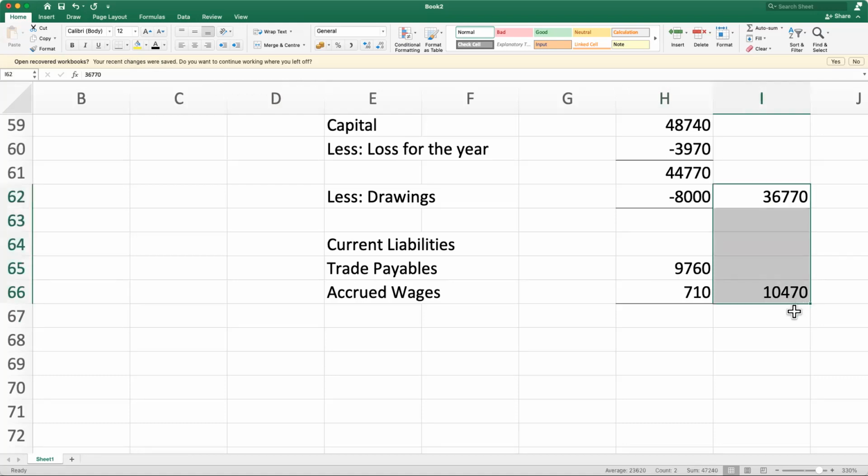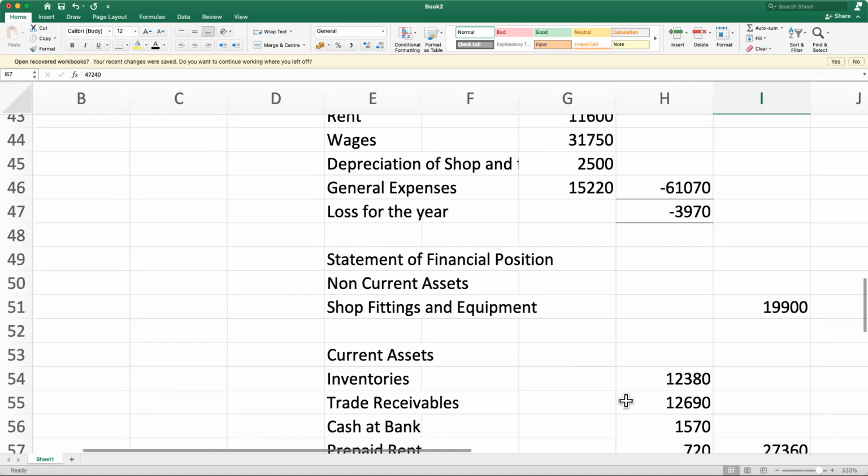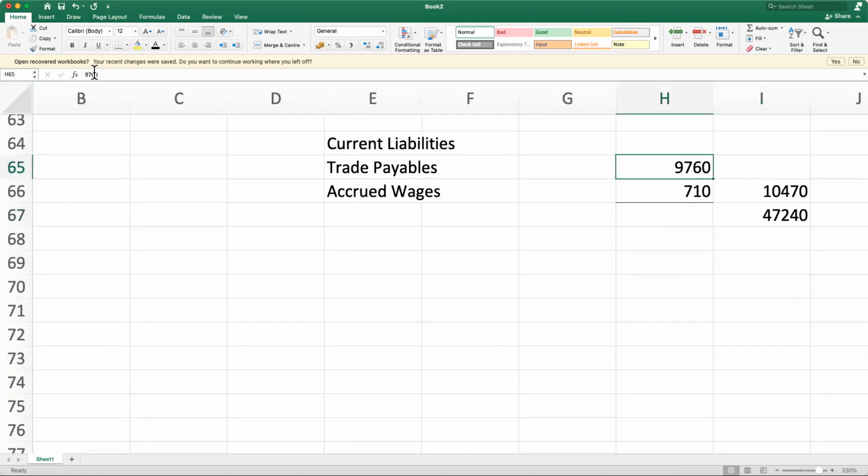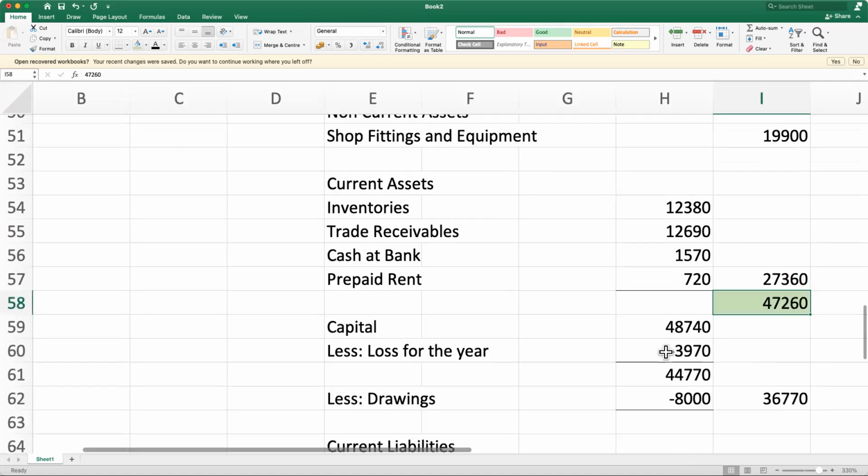These two we add it up together, 47,240. Something's a bit off right here. Look at that trade table once more. Oh, 9780. For the total will be 10,490. And the total here will be 47,260. Once you get your two figures that are exactly the same, you can consider yourself done and correct.